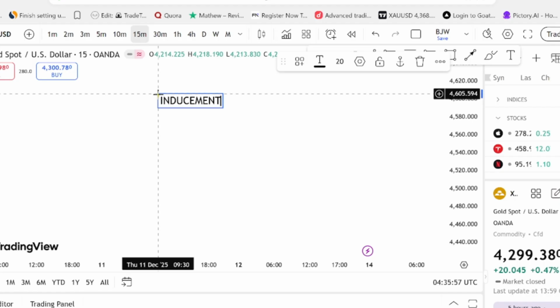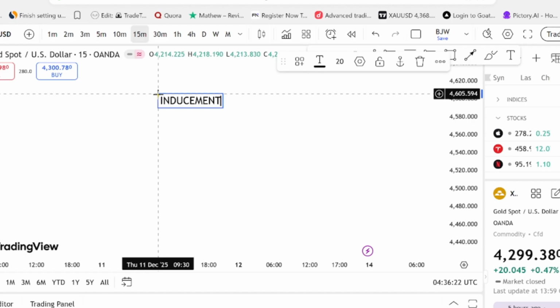Let's say you see your structural liquidity, you're very confident of yourself, this is a structural liquidity, but at the end of the day, price takes it out before it starts buying or before it starts selling.